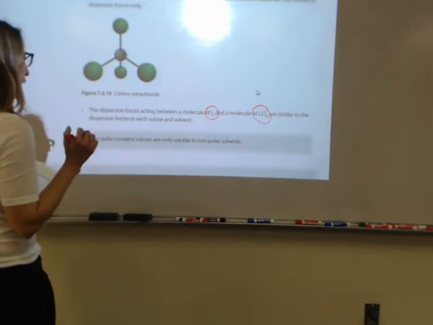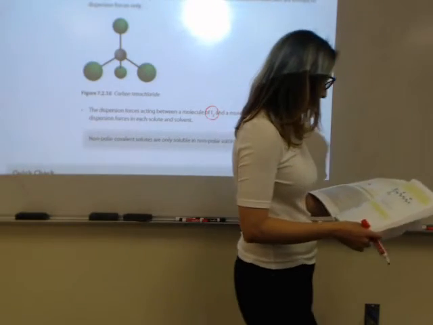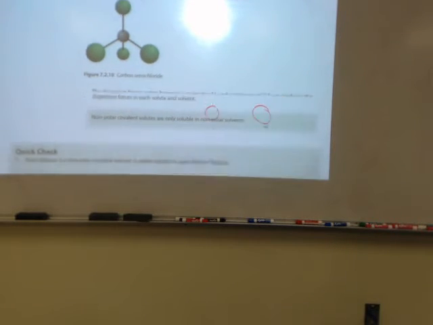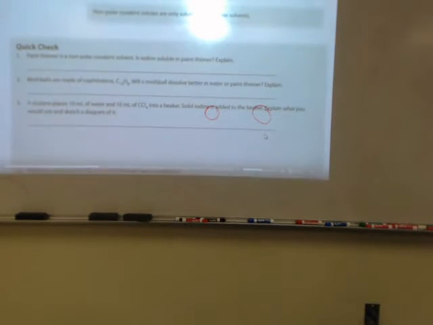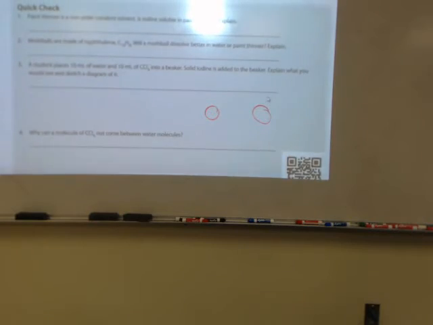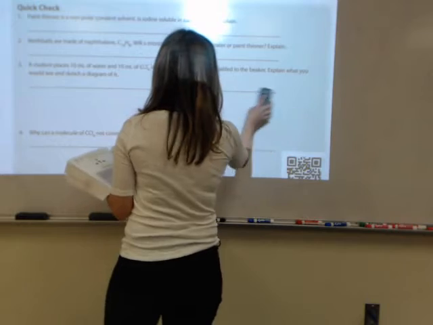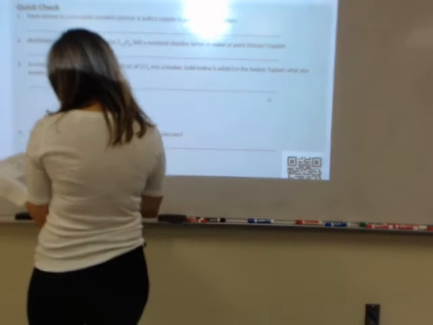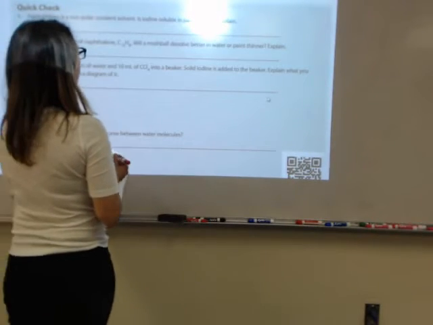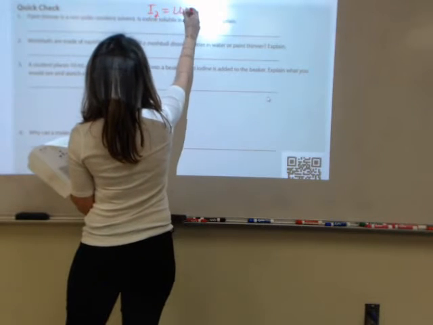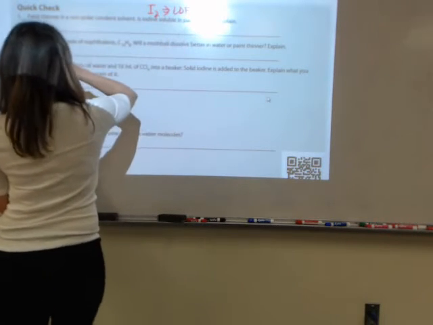That means that they will mix uniformly with each other. Now, nonpolar solutes are only soluble in nonpolar solvents. So if I go on to the quick check here, it says paint thinner is a nonpolar covalent solvent. Is iodine soluble in paint thinner? Well, iodine has London dispersion forces.